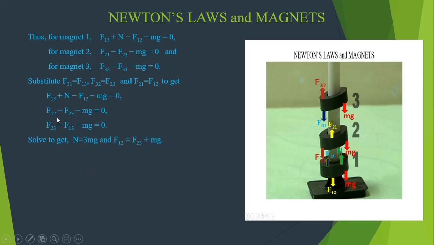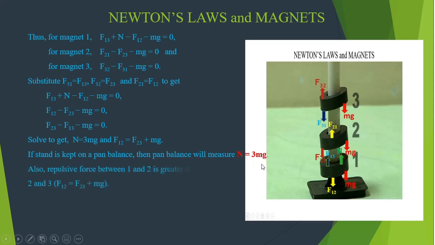From the second equation, F12 is equal to F23 plus mg. If the stand is kept on a pan balance, then the pan balance will measure N equal to 3 mg.